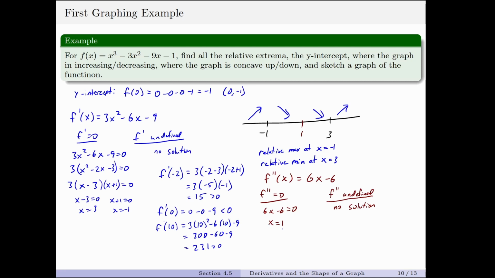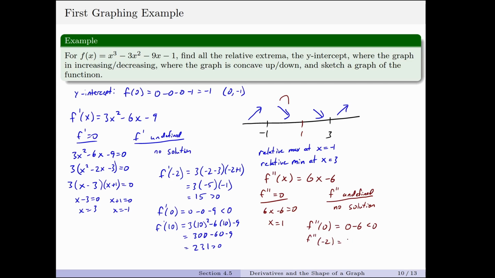Now I need to test to the left and to the right of x equals 1. And what I want to do is test a number into the second derivative. So to the left of 1, if I plug in 0, I get 0 minus 6, which is negative. That means the function is concave down. I can also test further to the left.